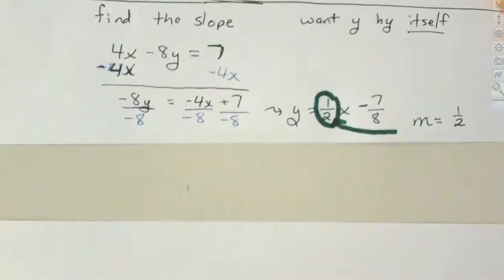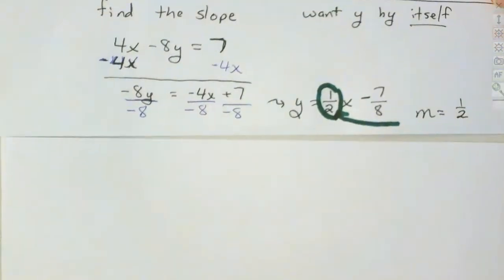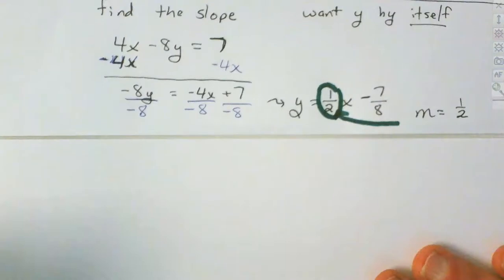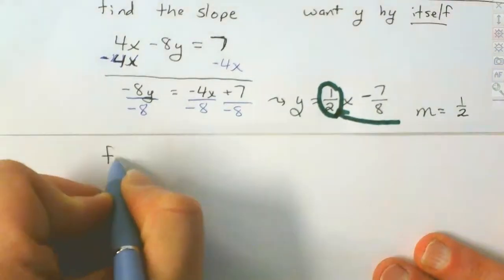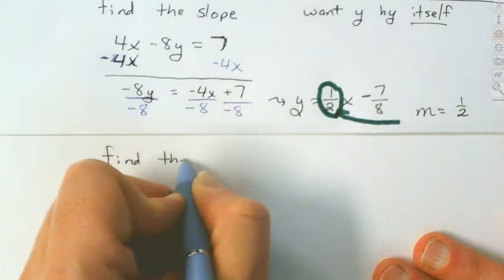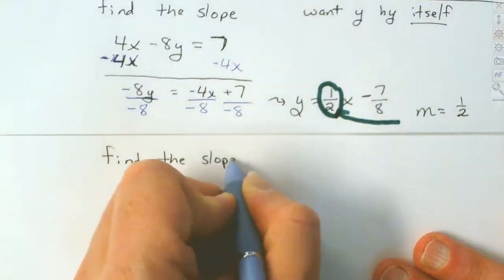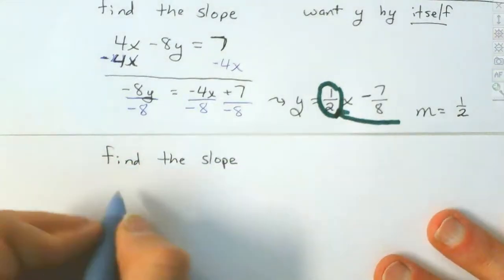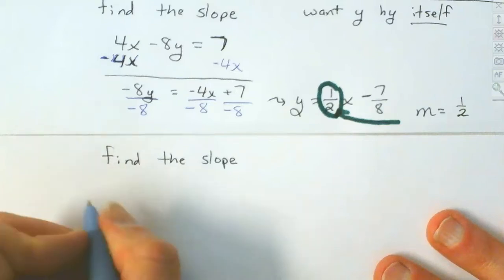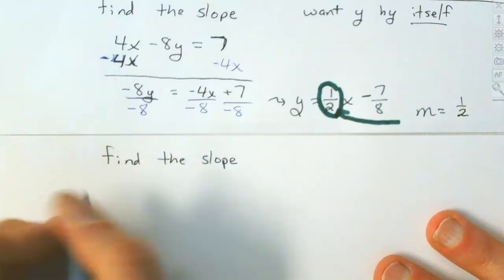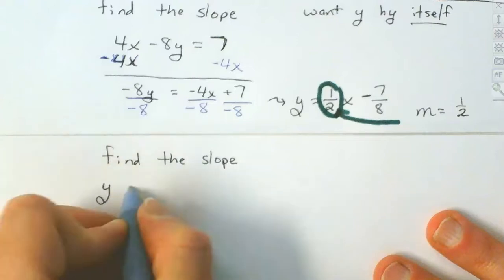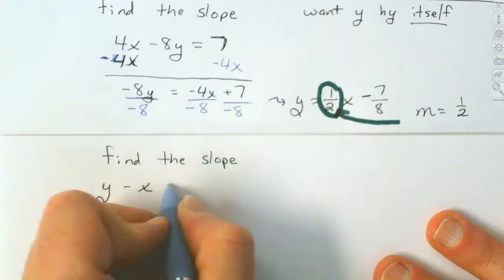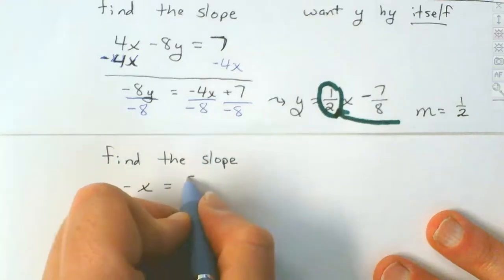Let's do one more. And again, we're going to try to find the slope. Okay, how about y minus x equals 5?